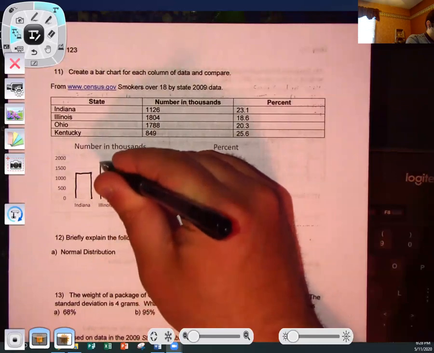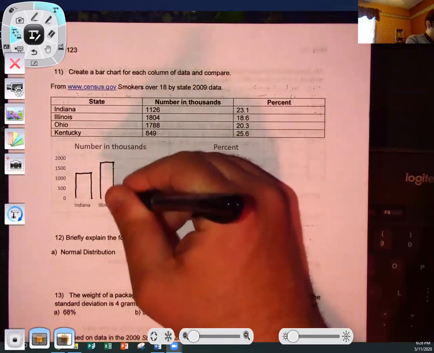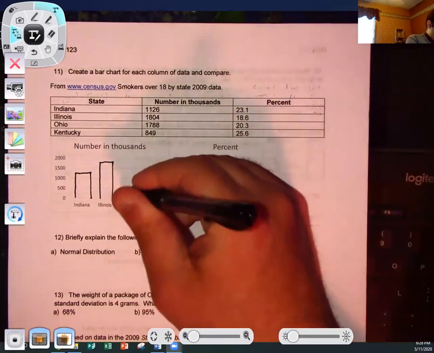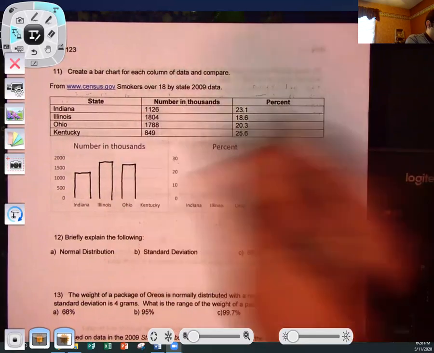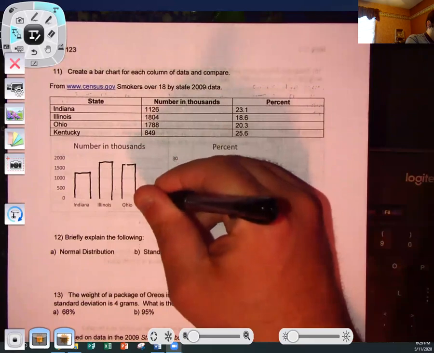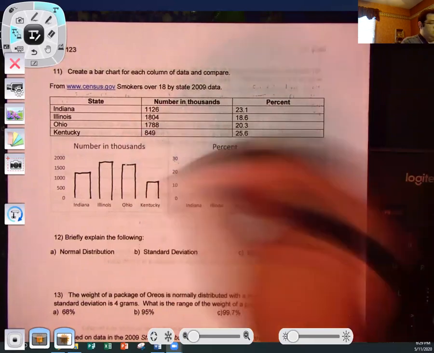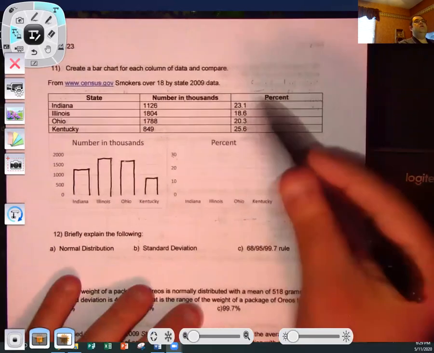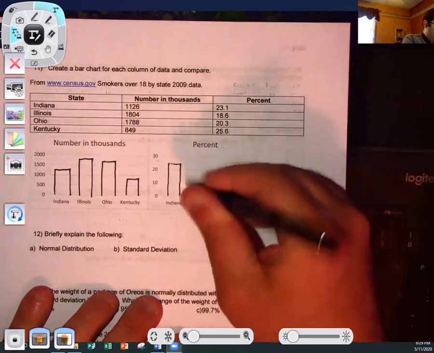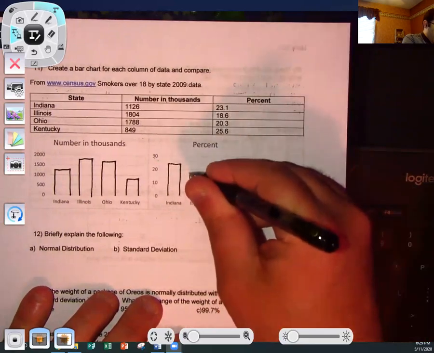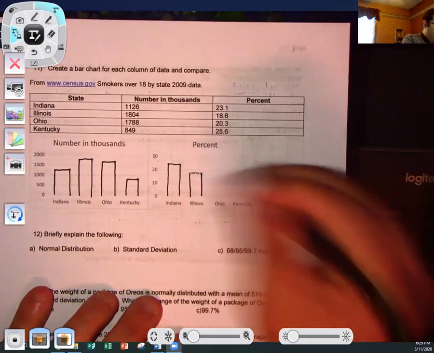Illinois is approximately 1804. Ohio is approximately 1788. And Kentucky is approximately 849. That's the first bar. Then I do the percentages. So Indiana is approximately 23.1%. Illinois was approximately 18.6.